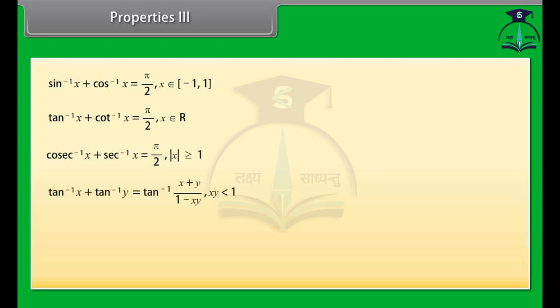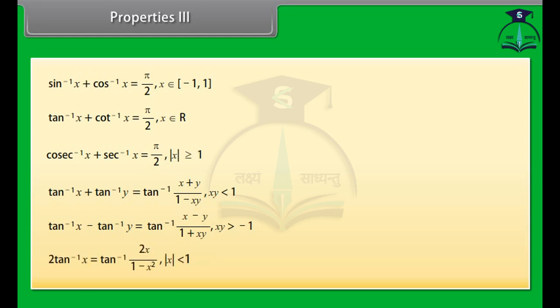Tan inverse x plus tan inverse y is equal to tan inverse of x plus y by 1 minus xy, where xy is less than 1. Tan inverse x minus tan inverse y is equal to tan inverse of x minus y by 1 plus xy, where xy is greater than minus 1.